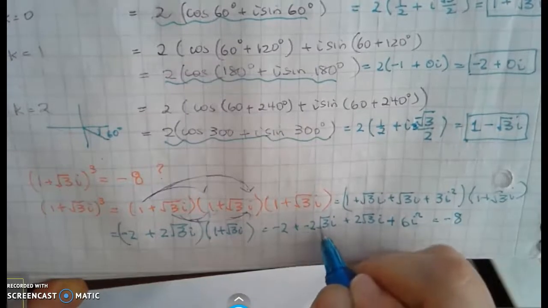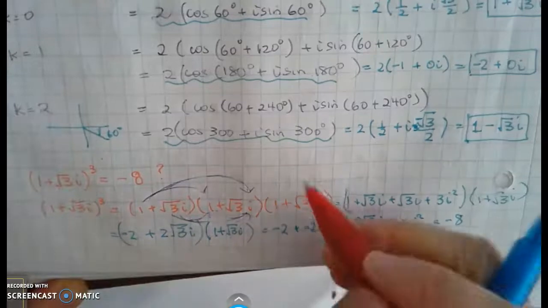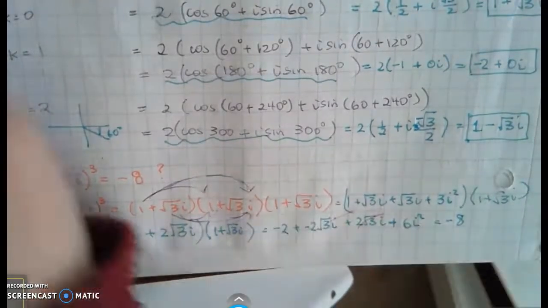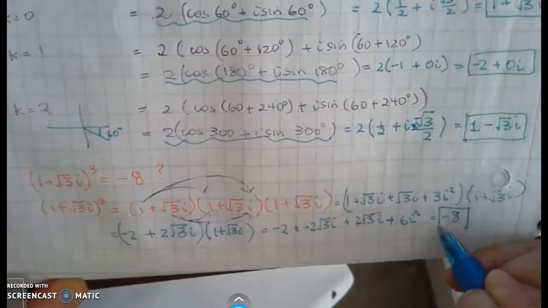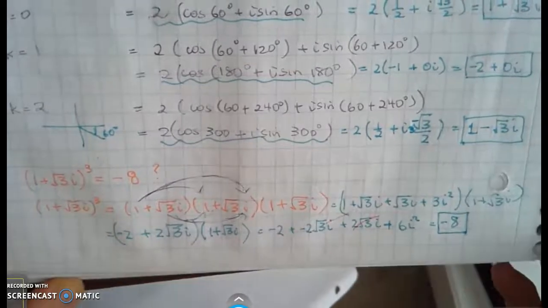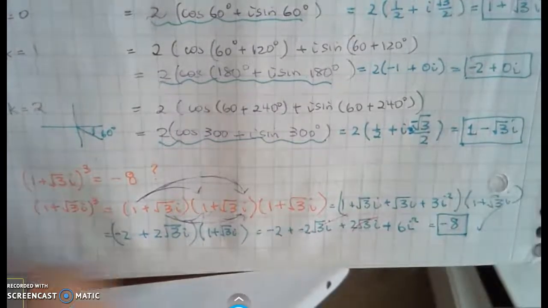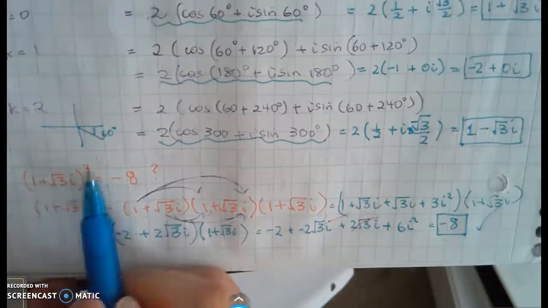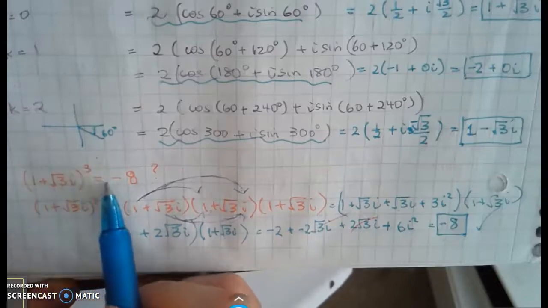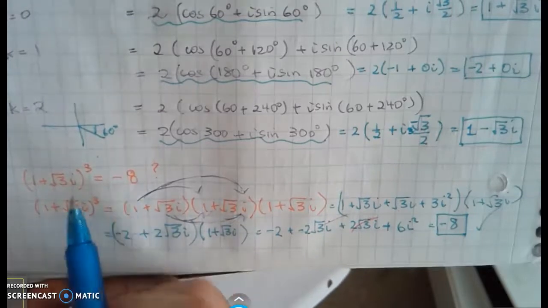And negative 2 root 3i plus 2 root 3i, they cancel. And the only thing you're left with is just the real number of negative 8. And that's what we discovered, and so it just proves it. Okay, and so we have found the solution. A complex number, when multiplied by itself 3 times, is going to give you negative 8. And you're not going to get there unless you convert it to polar form.